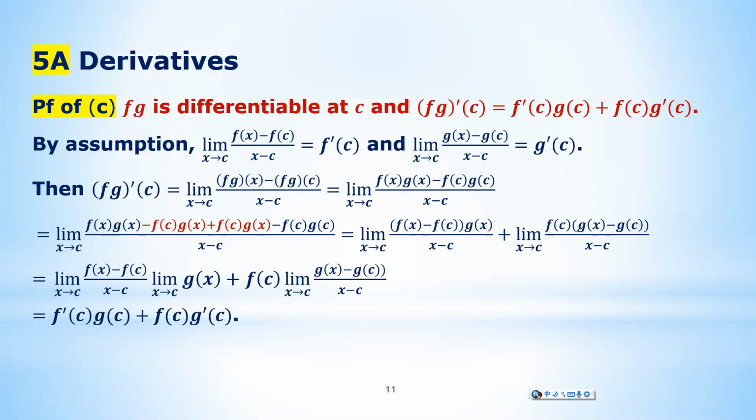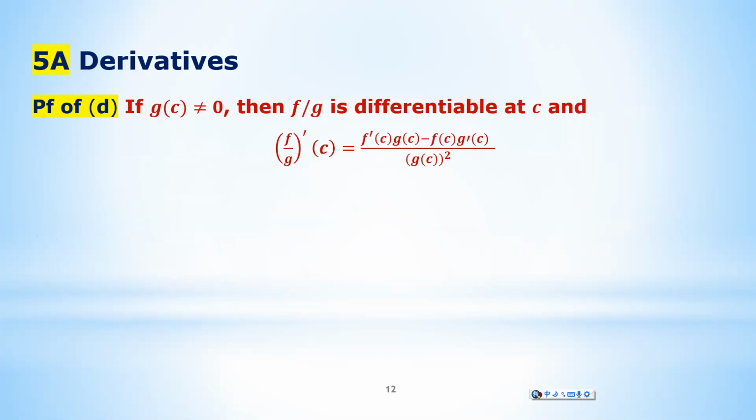One is f prime c, the other is g prime c. Replacing both limits will give you exactly the formula we need. That's the product rule. All this proof is based on the limit properties we established before.